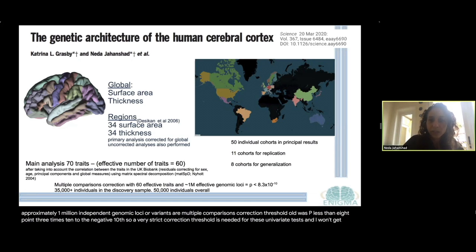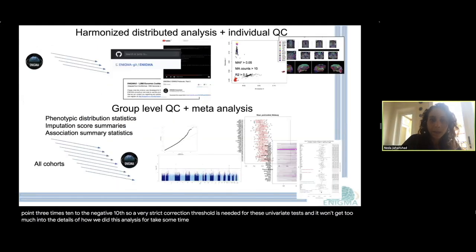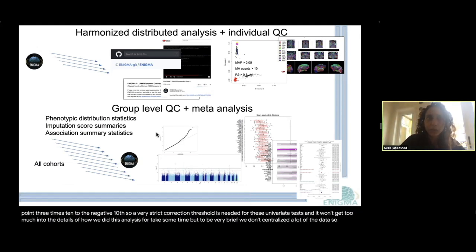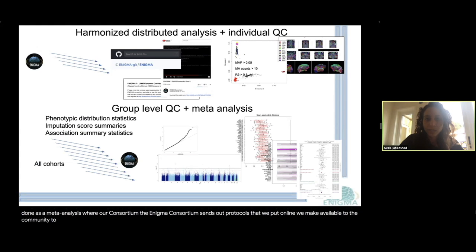I won't get too much into the details of how we did this analysis, just to save some time. But to be very brief, we don't centralize a lot of the data. This is done as a meta-analysis where our consortium, the ENIGMA consortium, sends out protocols that we put online and make available to the community to process the imaging data and the genomic data, to do some quality control, and also to do the analytical univariate association.